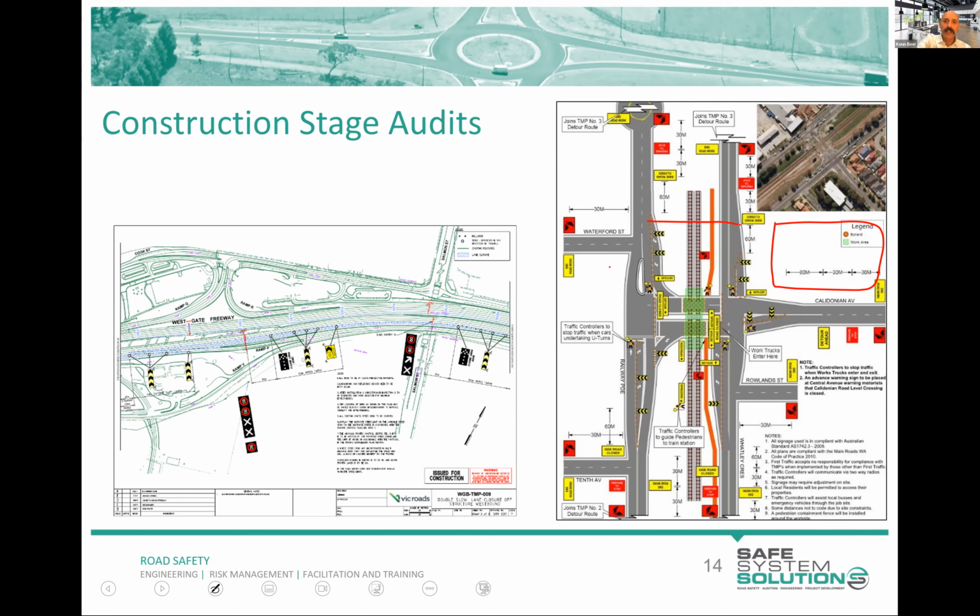Is that going to be a danger? Are they going to do U-turns in inappropriate spots? Or are we diverting traffic down roads with schools or high pedestrian areas? So it's a bigger picture look at the safety of a scheme rather than just conformance with the documented codes of practice.